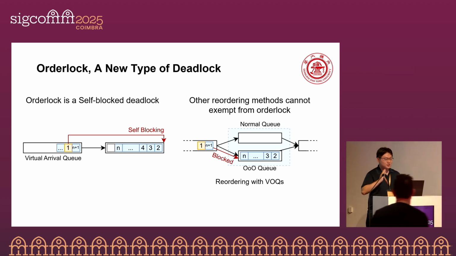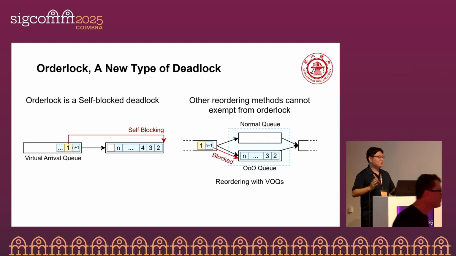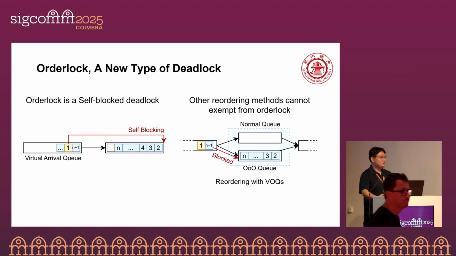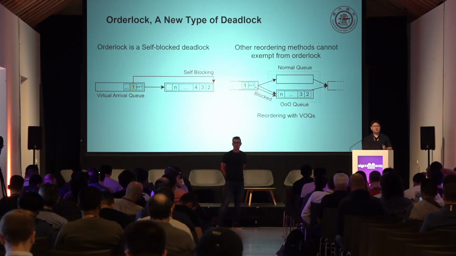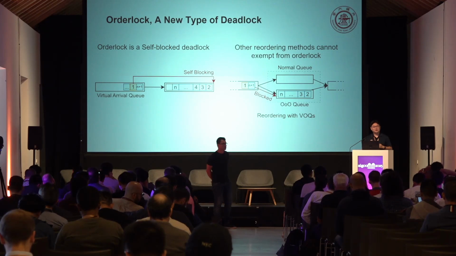But we think these still cannot be exempt from order lock, as you need to place the packets that arrived earlier inside some kind of queue or buffer, and these are limited. Since they are limited, we may hit the limit, and hitting the limit causes order lock.